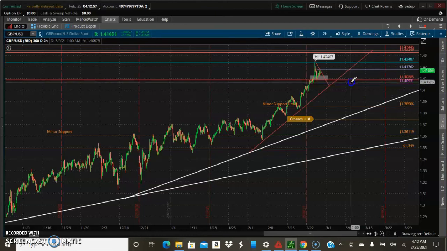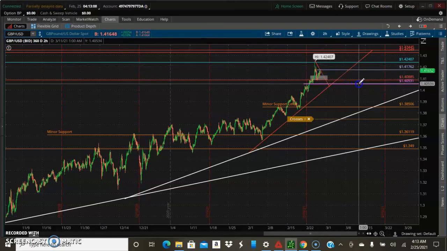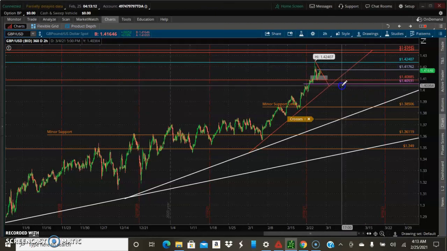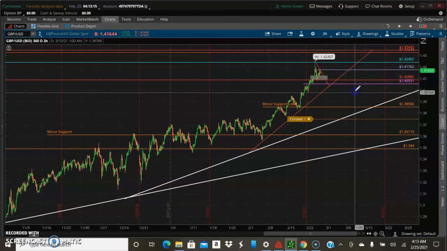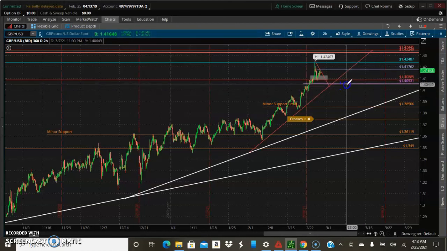But that's part two, guys. If you guys are late to the show, you've seen where you should have made your entry, and you know where it's going. If it goes against you, you need to get out of the trade once it's at 40.53. Just to be honest with you, if this thing turns around and goes against you, this is your exit.